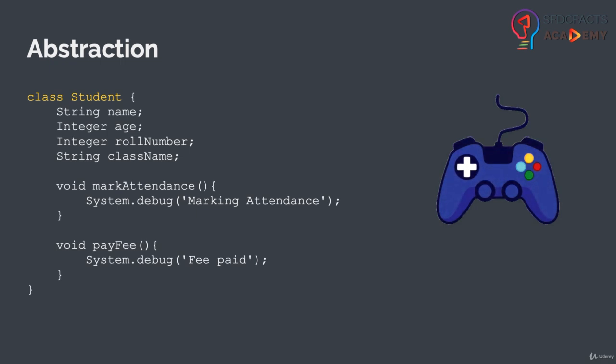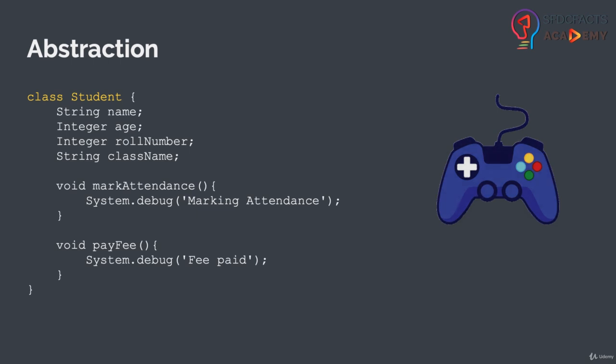These all things are hidden from us, and this is called abstraction. And OOPS also provides us this abstraction feature where you can hide some complex piece of code or some sensitive piece of code or properties from all the other classes or objects.